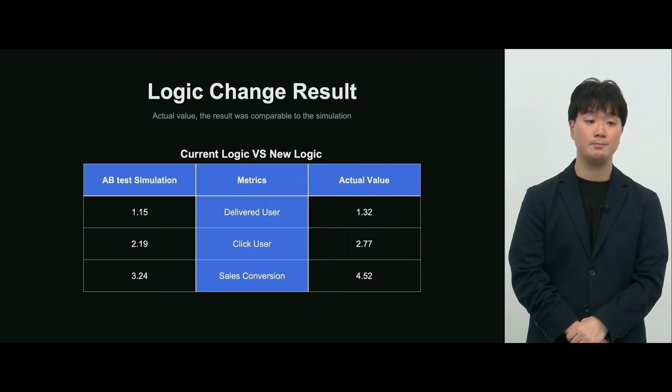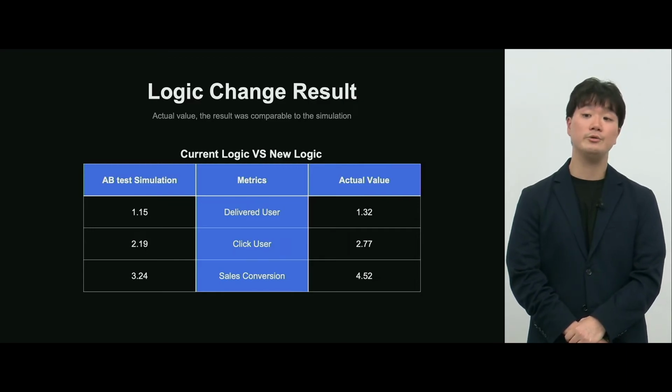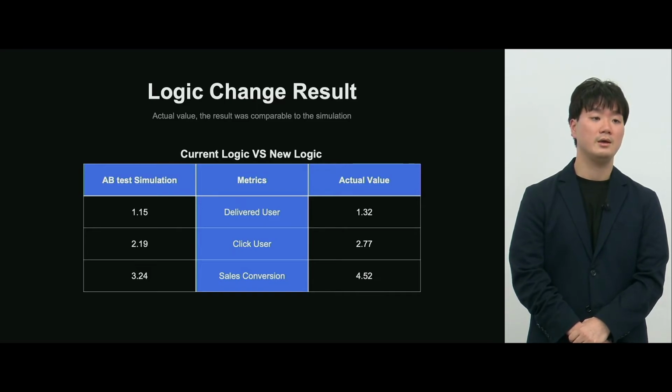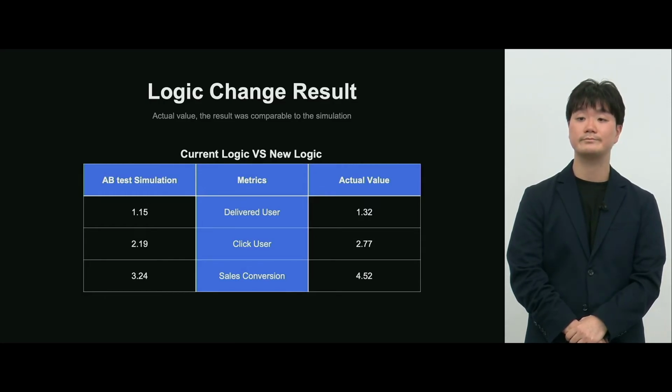For instance, click users 2.77 times, and sales 4.25 times, 4.52 times. So we can say that the sales increased.